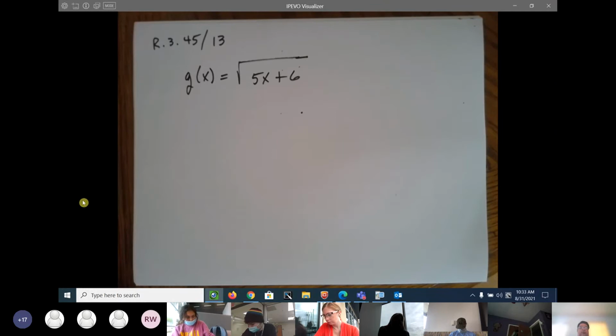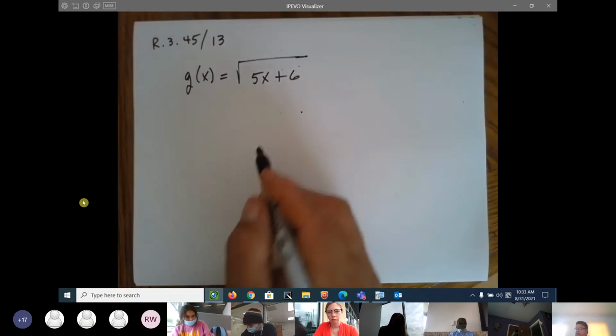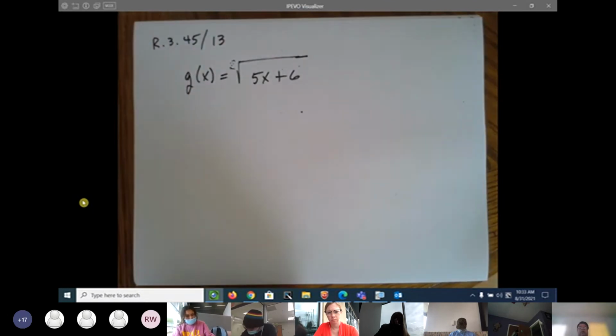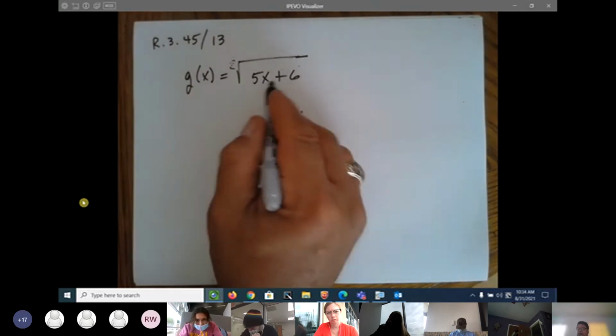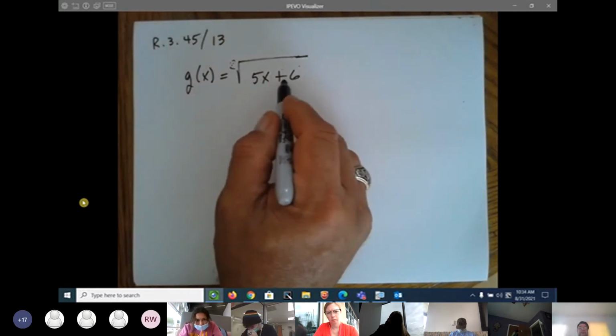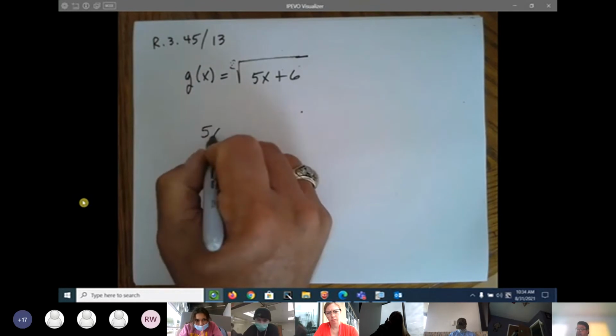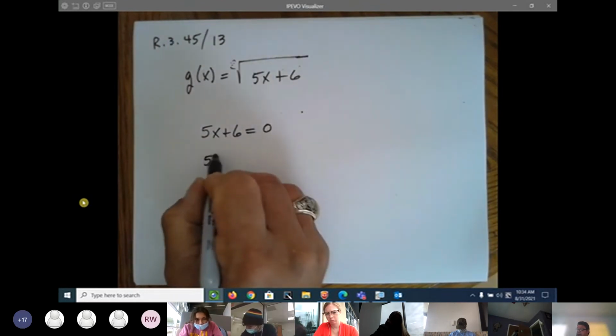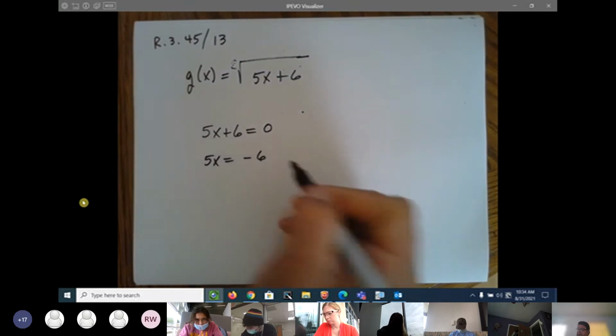So I've already talked to you about this in our little review session. If there's nothing here, it's assumed to be a square root. So I've got to find the numbers that make this negative. So 5x plus 6 is equal to 0. 5x is equal to negative 6.